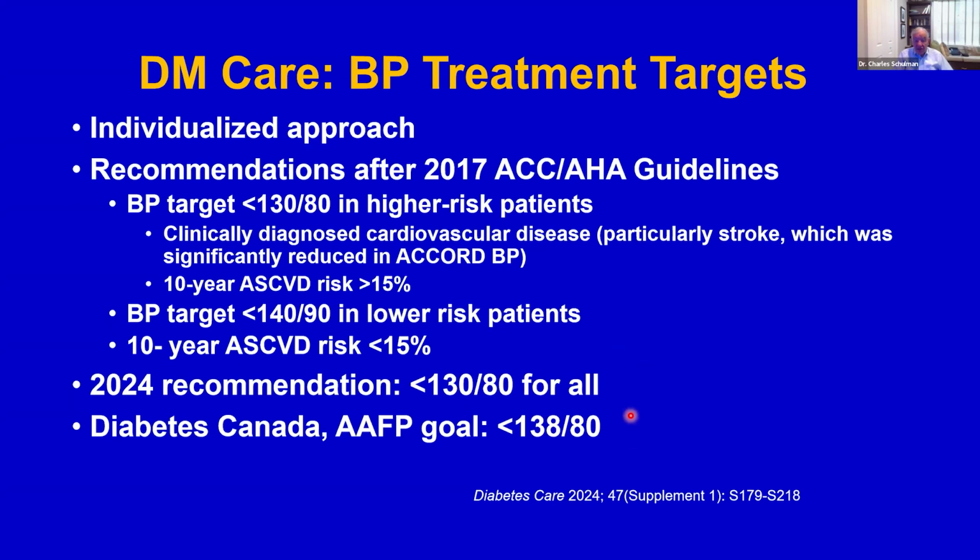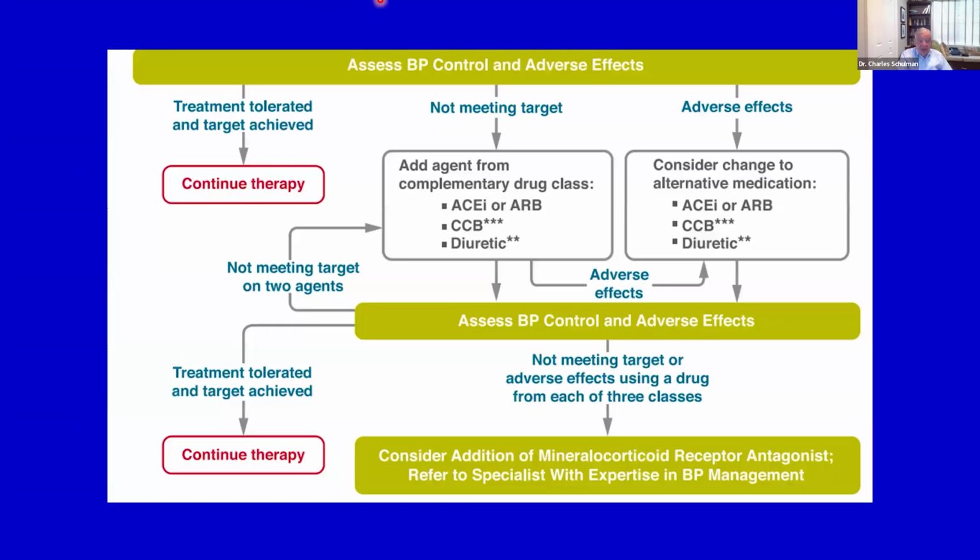They used to recommend it for older people under 150, which I think is too high. Okay, and then of course, if the treatment is tolerated and the target is achieved, continue treatment. If you don't meet target or there are adverse effects, change medicines or add, etc.